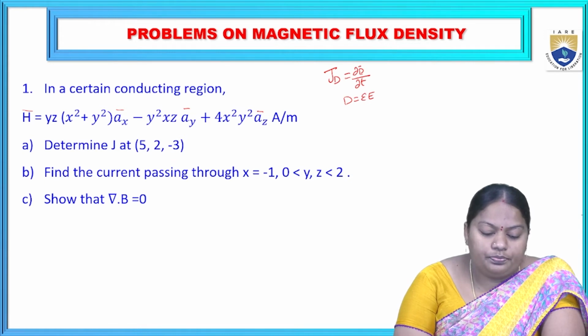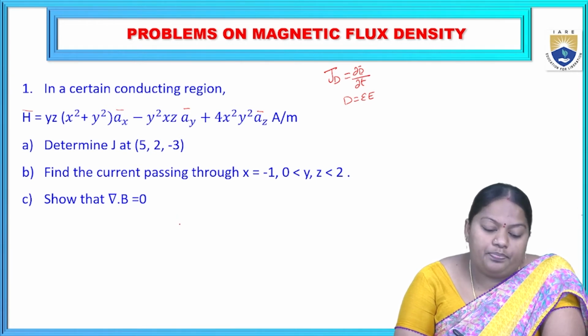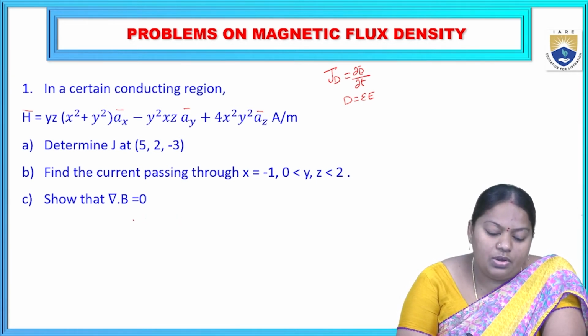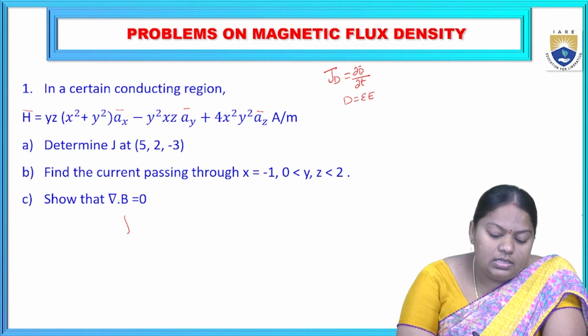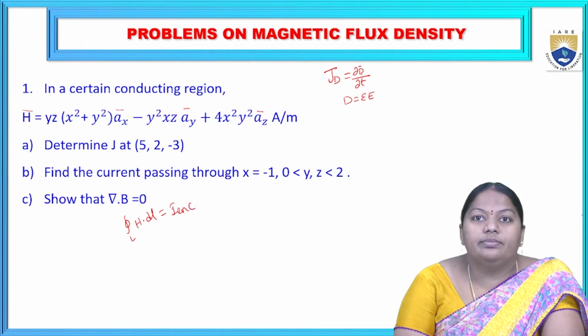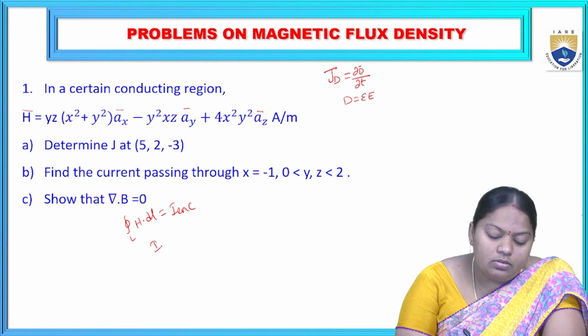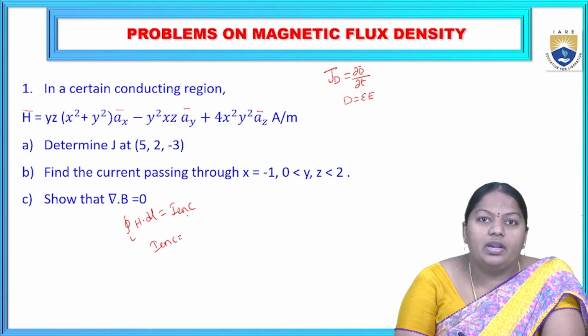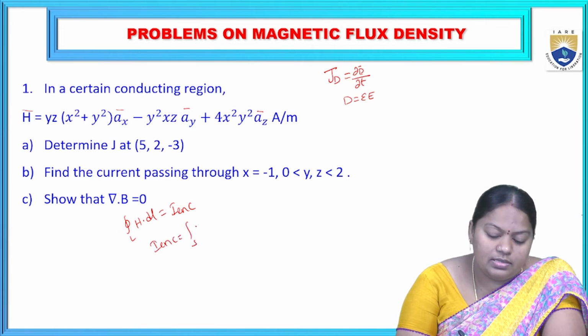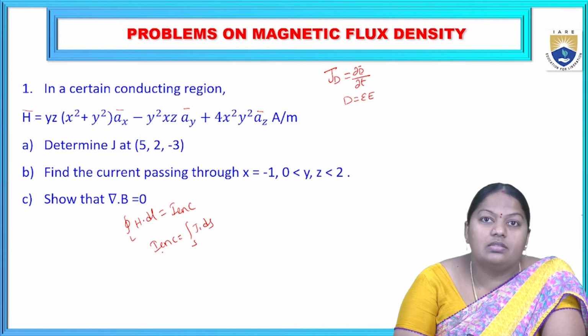In order to find J, according to Ampere's circuit law, the integral over L of H dot dl is equal to I enclosed, where I enclosed is expressed in terms of current density, the integral over S of J dot ds.